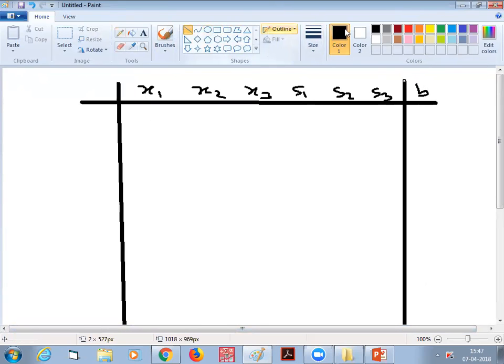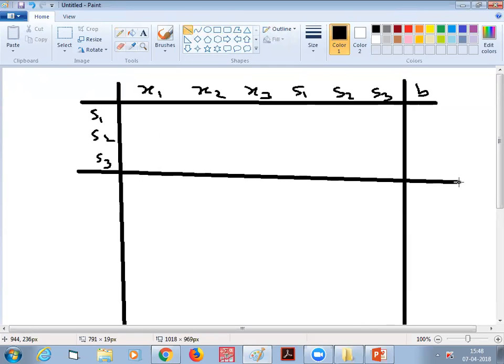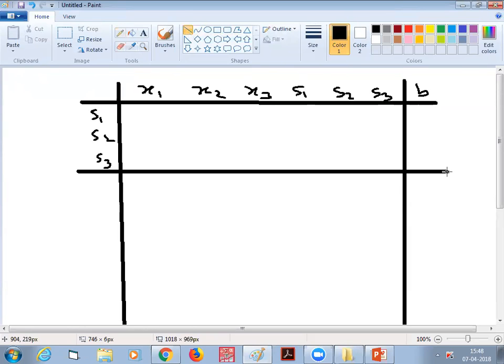Okay. Right? And for the moment, I'm not doing greater than or equal to constraints. We'll talk about it. So all of these we're dealing with less than or equal to constraints only. We'll talk about what to do with greater than or equal to constraints. So S1, S2, S3 are the basic variables. And we'll take a line like this.